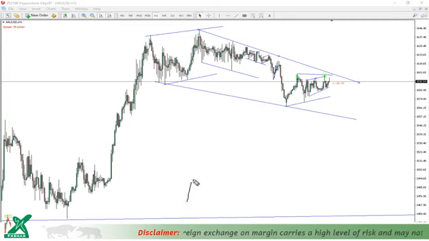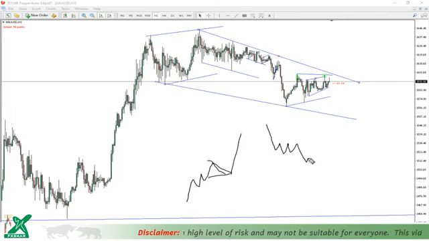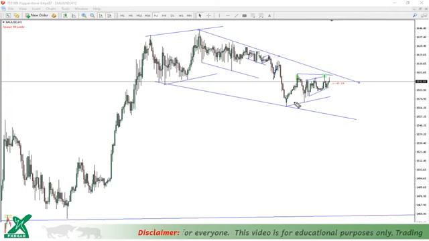For example, if the price is moving to the upside and you got a triangle, the triangle can be a continuation for the upside. And if the price is moving to the downside and you got some sort of triangle, expanded or normal, it can be a continuation for a down move. So that was also another confluence for a short opportunity.